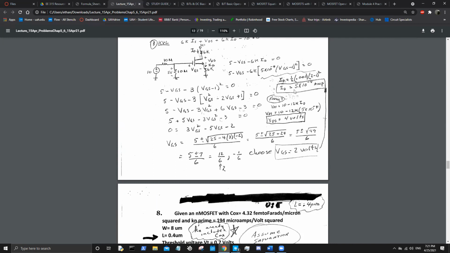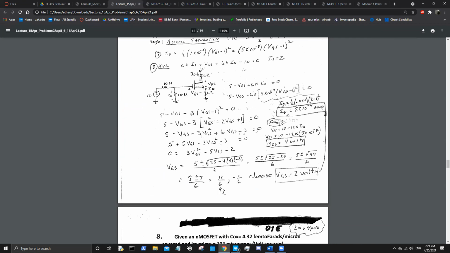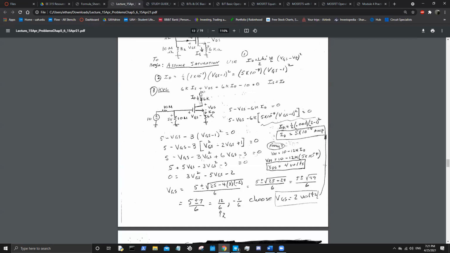So you get VGS down here from the quadratic, and remember, up here we have a formula that equates ID to VGS. That formula spits out this number when you plug all the numbers in. Then VDS is equal to 10 minus 12K ohms times ID, and that's from up here, because we have 10 volts across a 6K ohm.